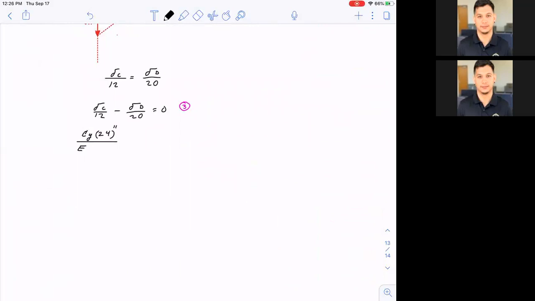Is 1/2 pi r squared? Let me just double check that. I always forget these. Oh no, it's just pi r squared. Sorry, pi r squared.